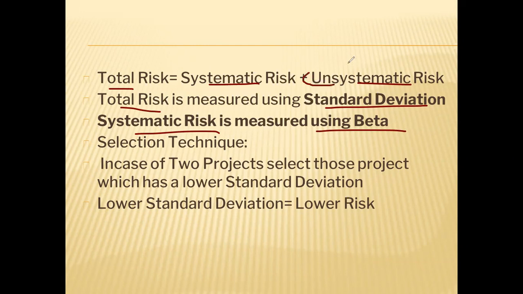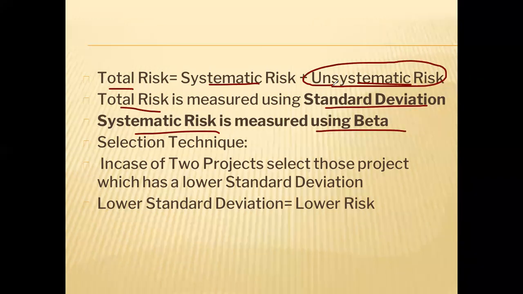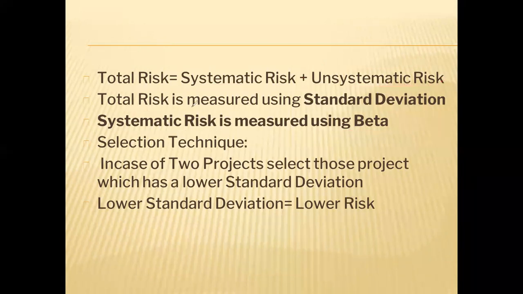And unsystematic risk can be reduced to zero also, because it is... understood everybody this much. Now, standard deviation means risk. So let us understand first what is a standard deviation.